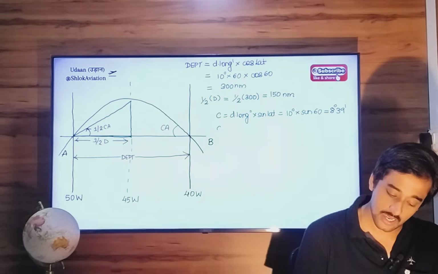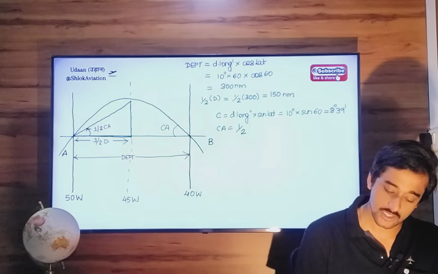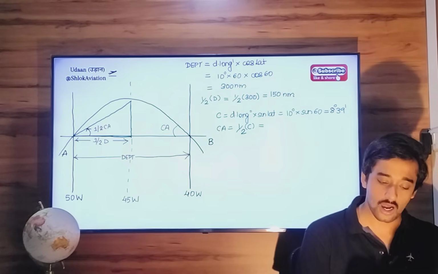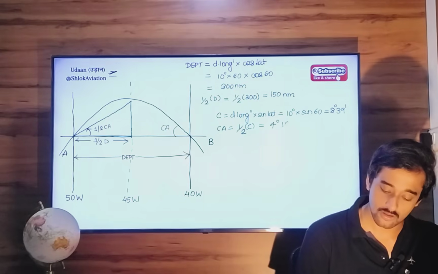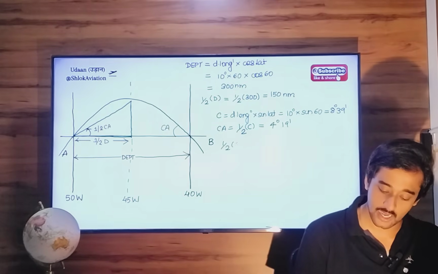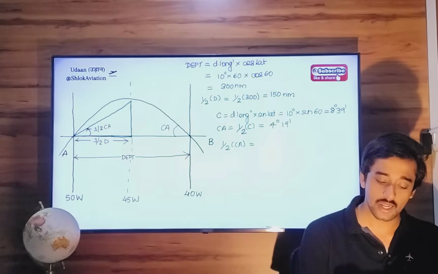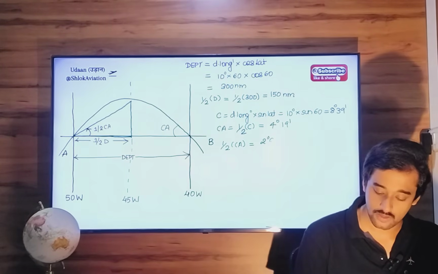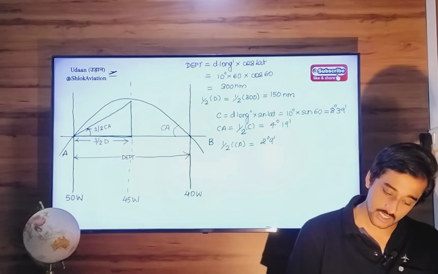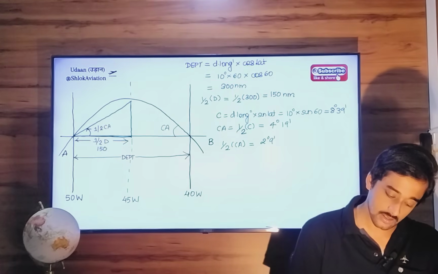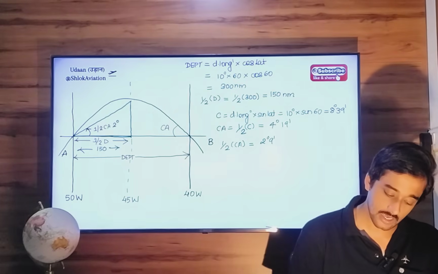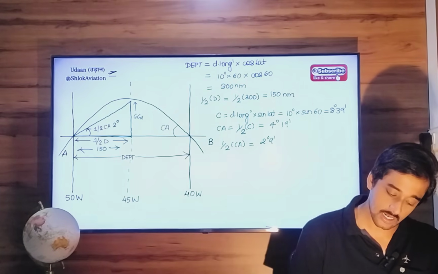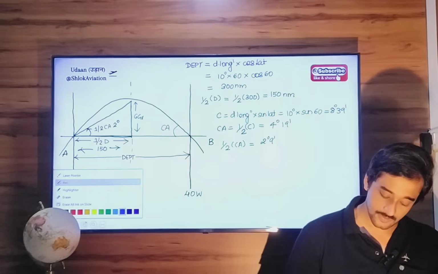Half of this is 4 degrees 19 minutes, and half of the convergency angle, 4 degrees 19 minutes, is 2 degrees 9 minutes. So this side is 150, and this angle is approximately 2 degrees. We have to find this great circle distance. Apply tan theta.